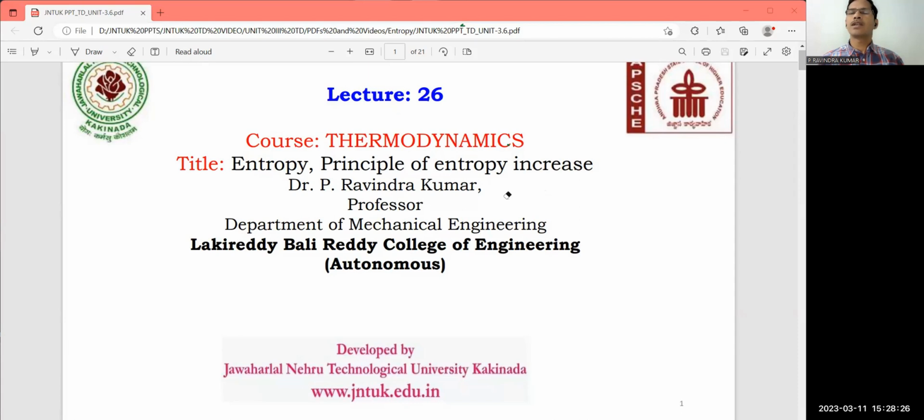In those slides, I applied the second law to cycles and cyclic devices. A heat engine operates between a source and a sink. What is its efficiency? That is a cyclic heat engine.